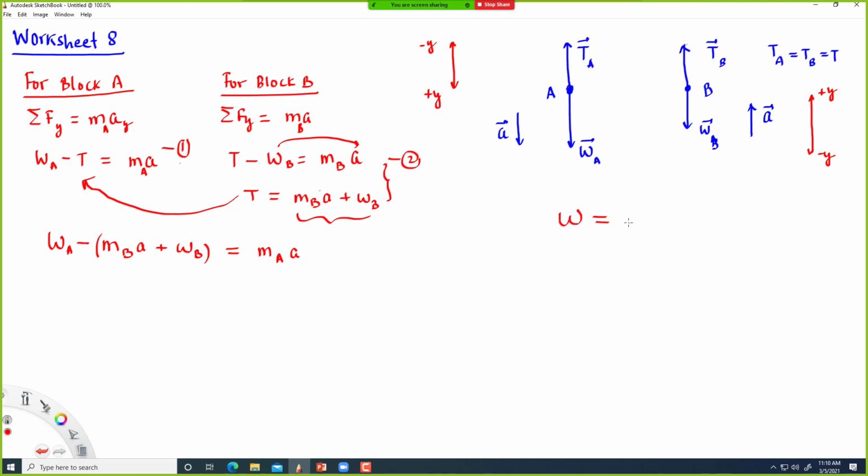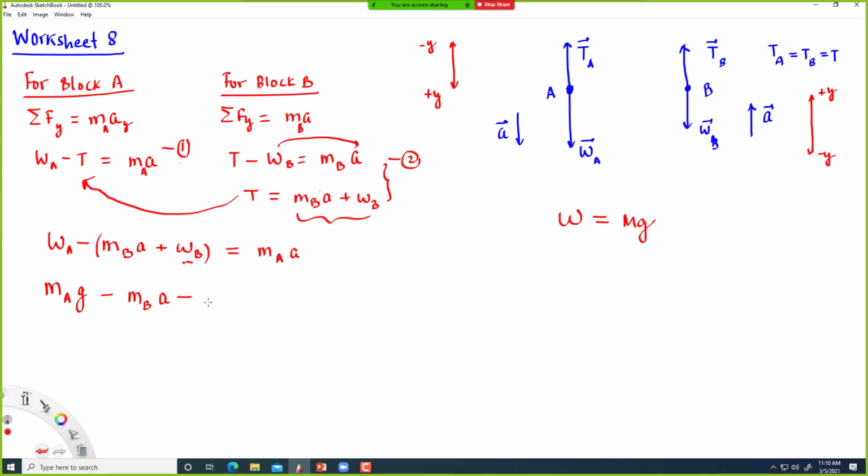Weight by definition is mass times acceleration due to gravity, so we can write WA as MAG minus MBA. Multiplying negative and positive becomes negative.